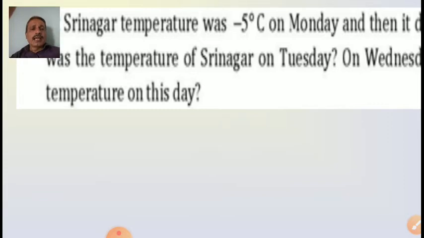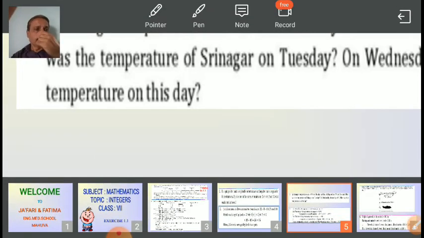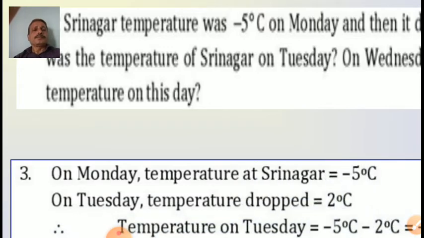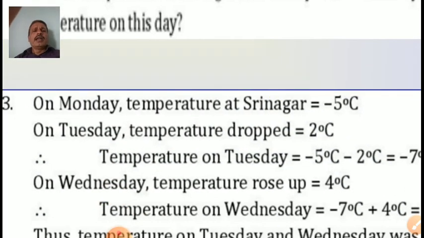Okay, let's check the answer. On Monday, temperature at Srinagar is minus 5 degrees centigrade. Okay? Yes, very good. Now, on Tuesday, the temperature dropped down by how many degrees? Yes, 2 degrees centigrade dropped down.